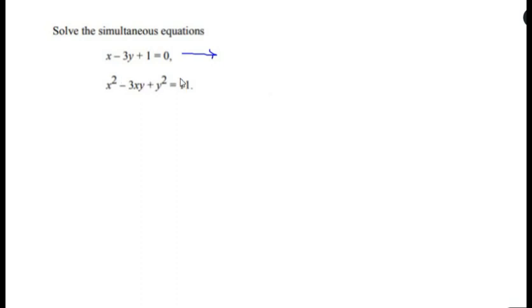My advice is do not use the square expression. Use the one which is a linear expression for rearrangement. So here I will choose to keep the x term on one side and the rest two terms, that is minus 3y and plus 1, I will take on the other side. So they become 3y minus 1.